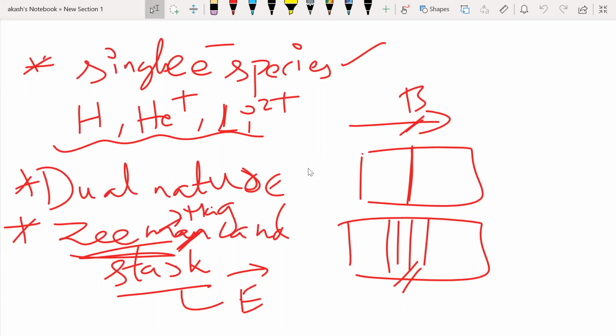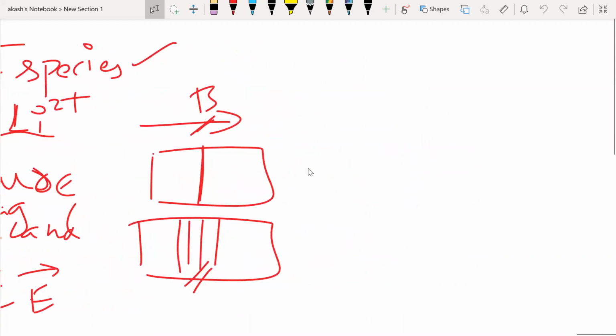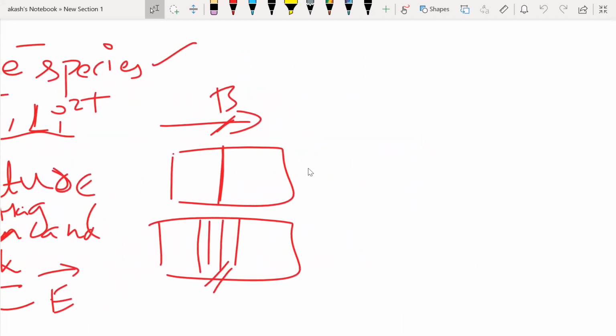He took only particle nature into the picture, but it has dual nature. And there are the Zeeman and Stark effects, which were not explained by Bohr, right? Anyways, we'll move on to see how dual nature exists.